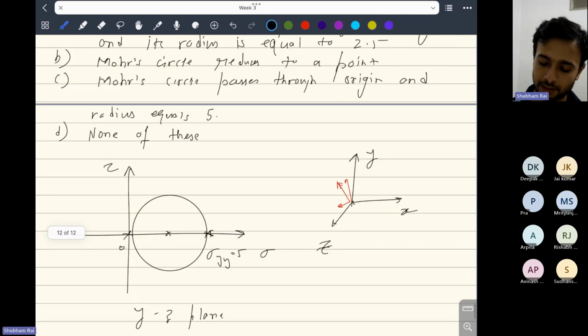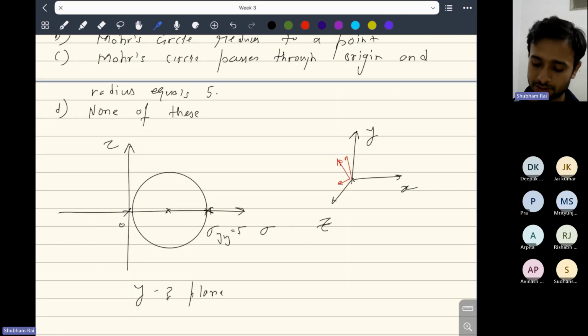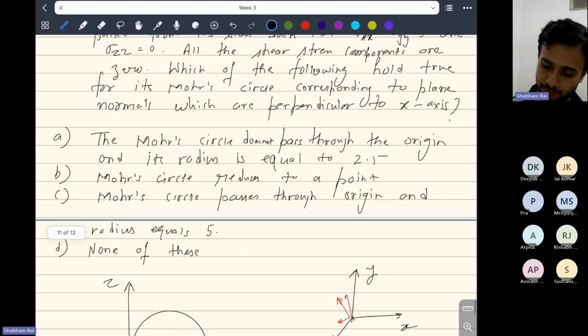Okay, so you can see here that the Mohr circle is not passing through origin and its radius is 2.5, right? This is 2.5, this is 2.5. So obviously the first option will be correct.